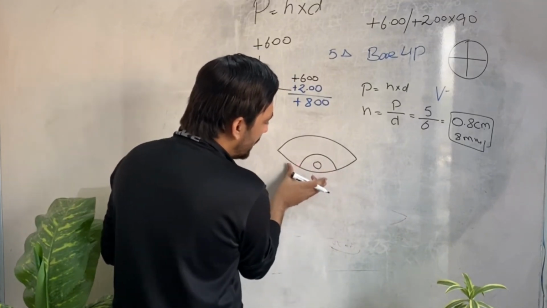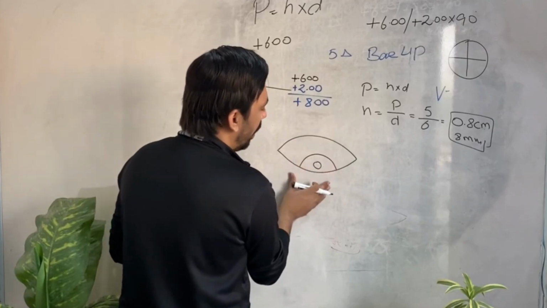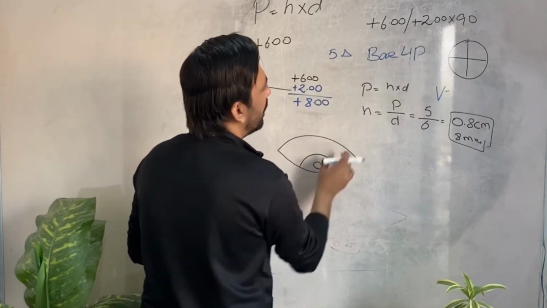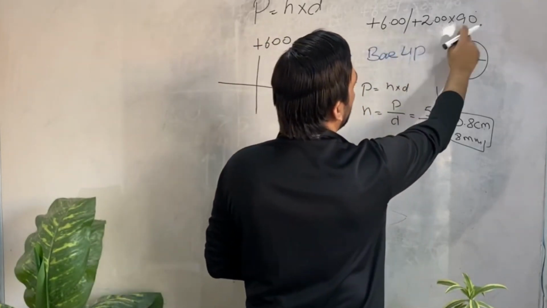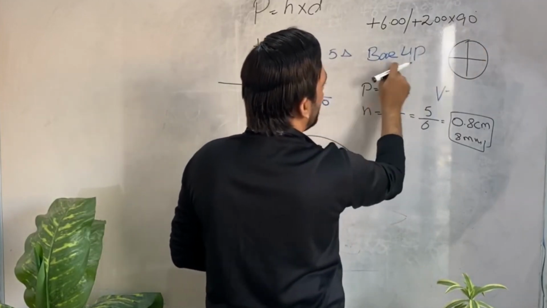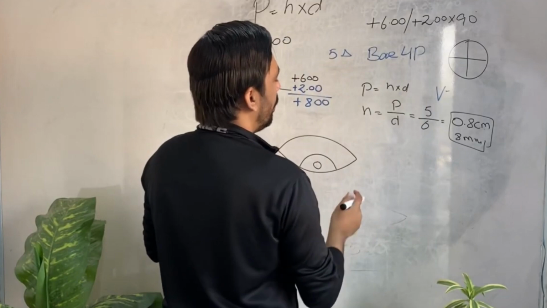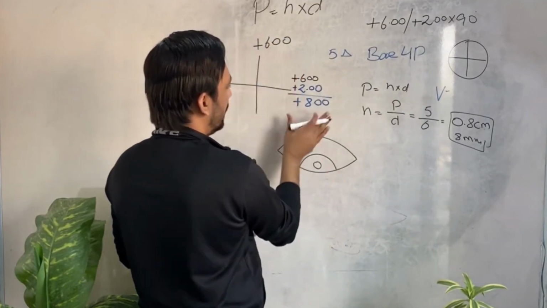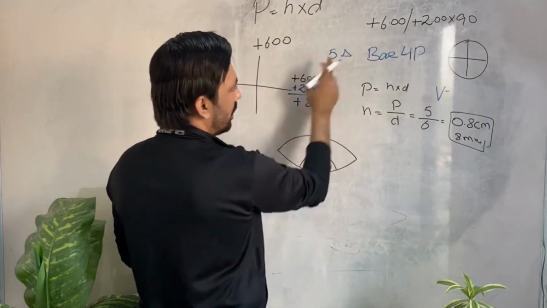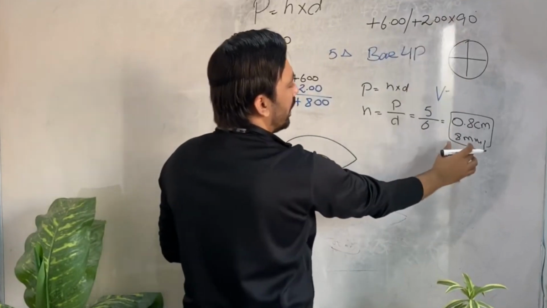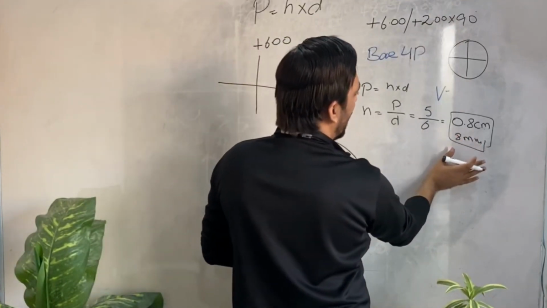So to correct this hypodeviation, the ophthalmologist or optometrist prescribes +6 with +2 cylinder at 90 degrees, 5 prism base up, right? So we have to move this whole lens of +6 and +2 cylinder 8 millimeter, and in which direction?